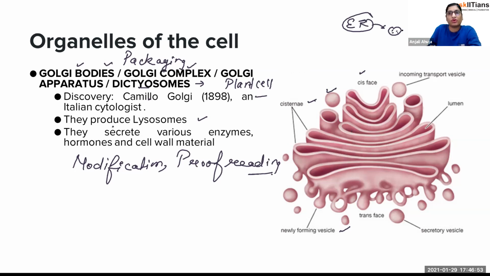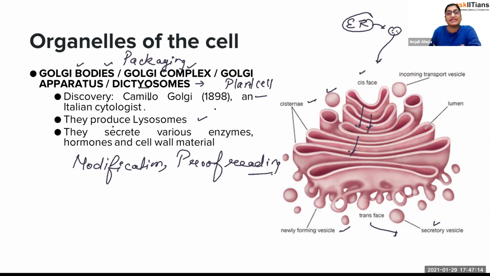The protein or lipid comes toward the cis phase, the immature phase, and then modification happens inside. Through the trans phase, it takes the exit in the form of a secretory vesicle, with protein or lipid now in modified, functioning form. So the trans phase is the mature phase.